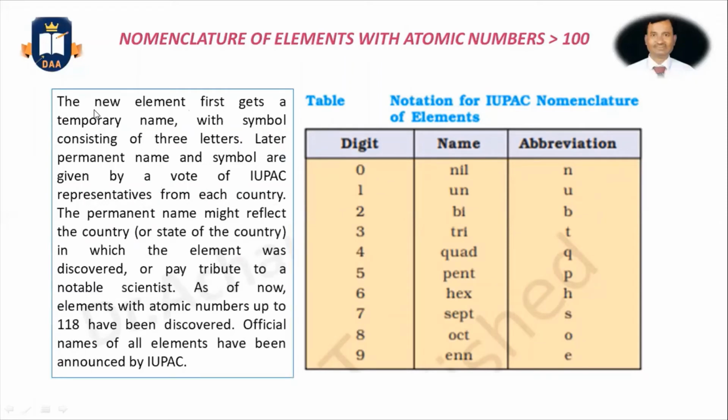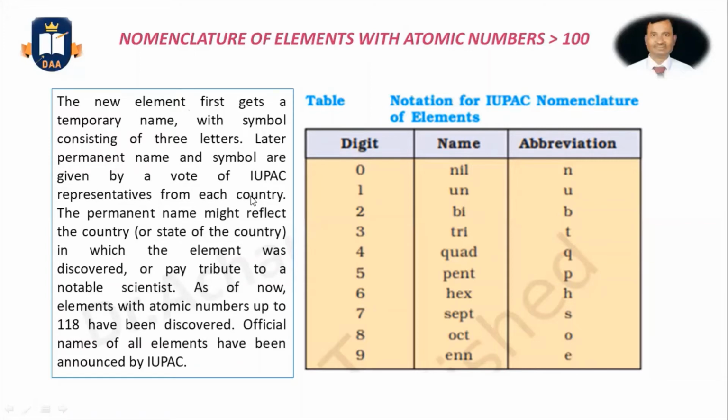So how will it be named? That new element first gets a temporary name with a symbol consisting of 3 letters. 3 letters, here you see NIL for the first case, which is the 0. And later permanent names and symbols are given by a vote of IUPAC representatives from each country.